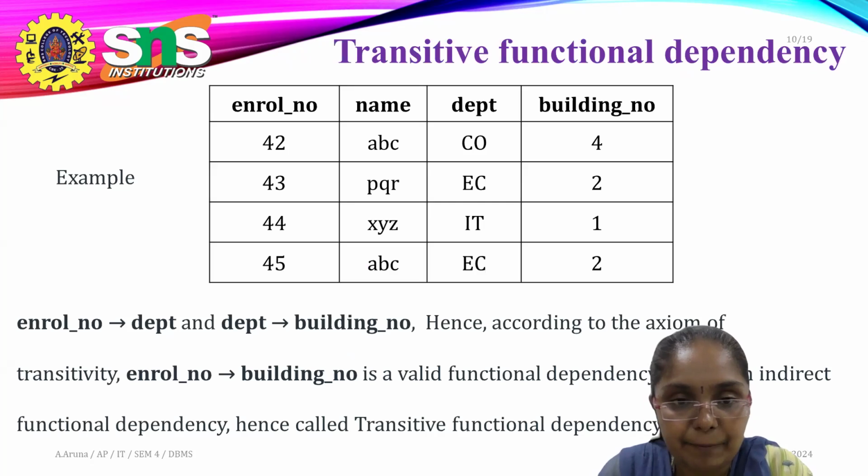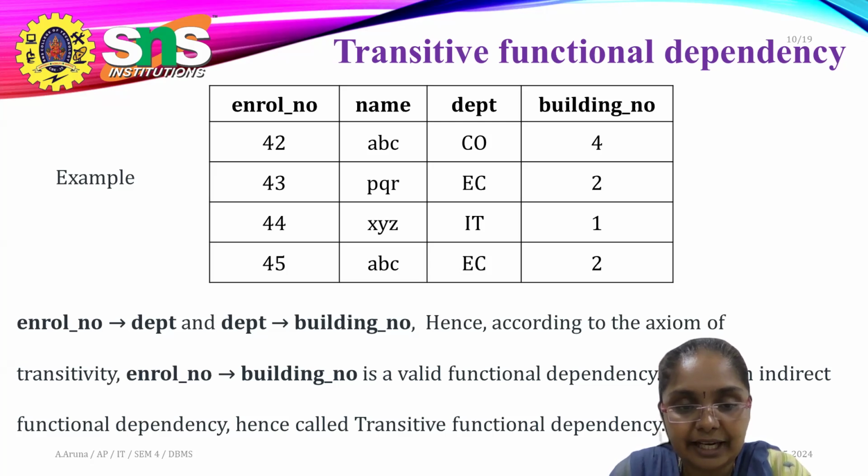See the example here: enroll tends to department tends to building number. So through enroll, I am able to identify the building number through my department. That is the meaning of this. So this type of dependency we can call a transitive dependency.